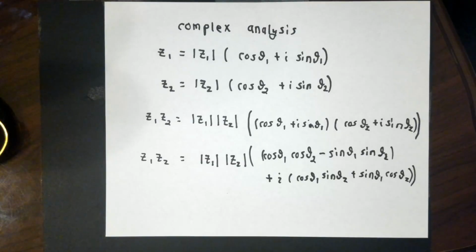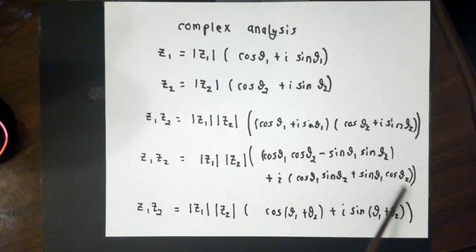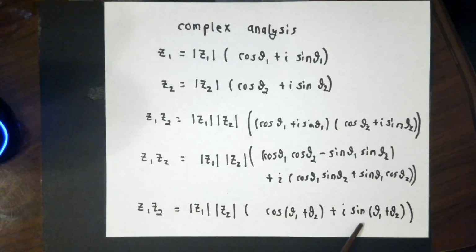If you remember your trigonometry, we have trig identities for both of those things. This quantity is cosine of theta 1 plus theta 2, and this quantity is sine of theta 1 plus theta 2. So if I multiply two complex numbers together, I can instantaneously write it in this cosine sine type form.